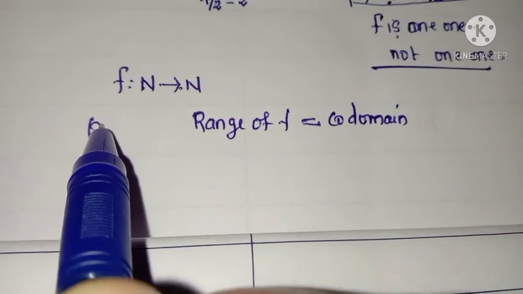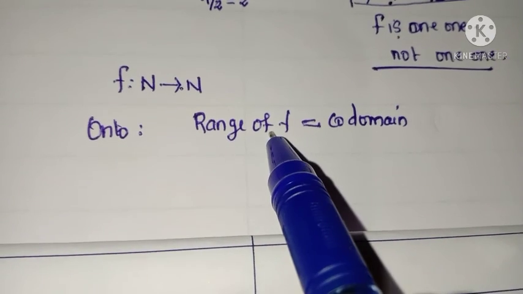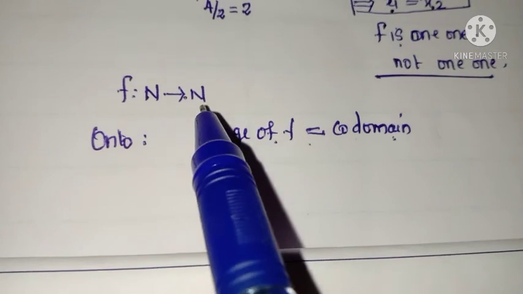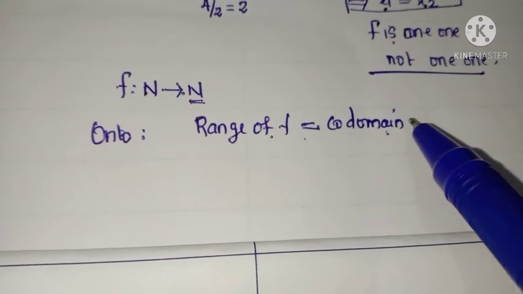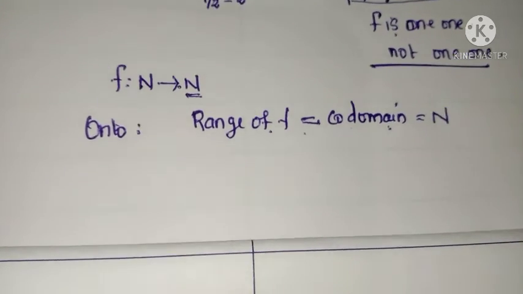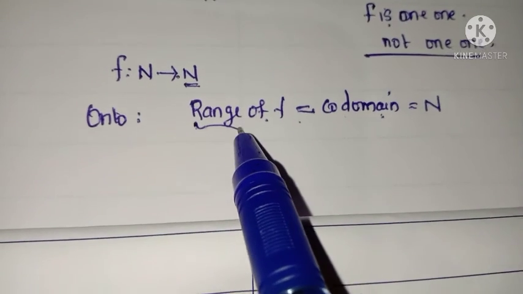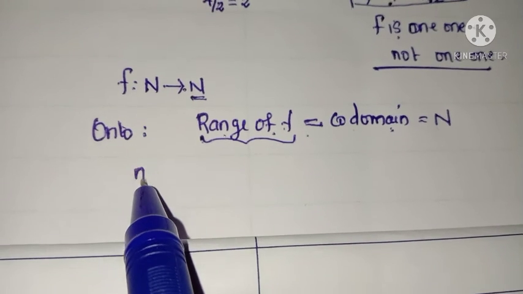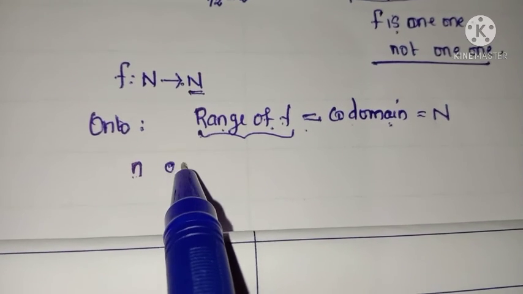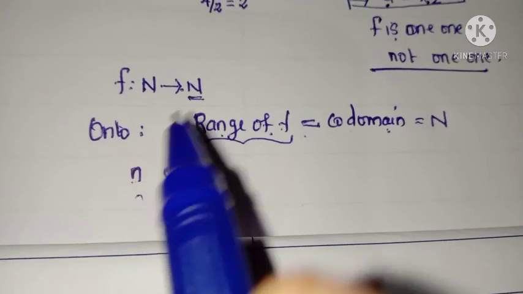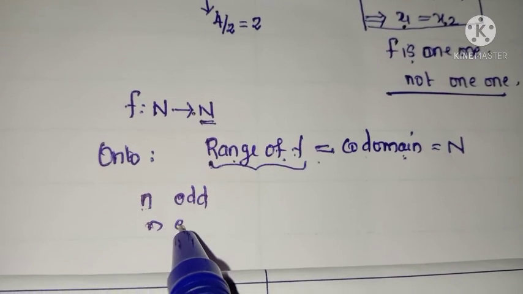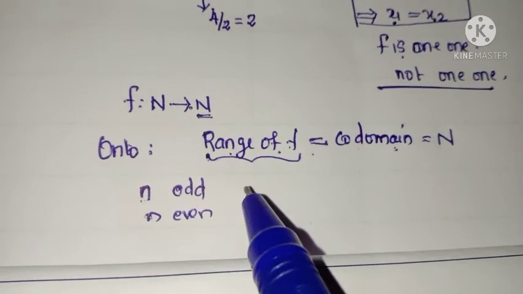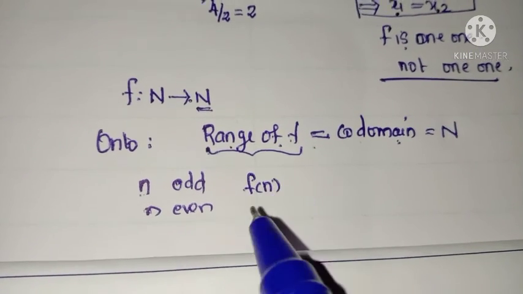Here, what is the codomain? The second set is the codomain. So we want to see what the range of f is. To get the range of f, we want to consider the values of n, odd and even, and see the answers of f of n.